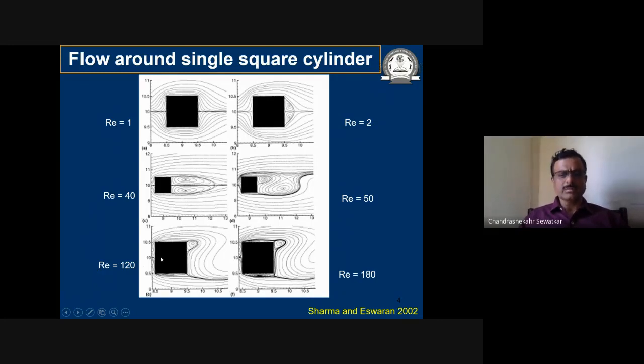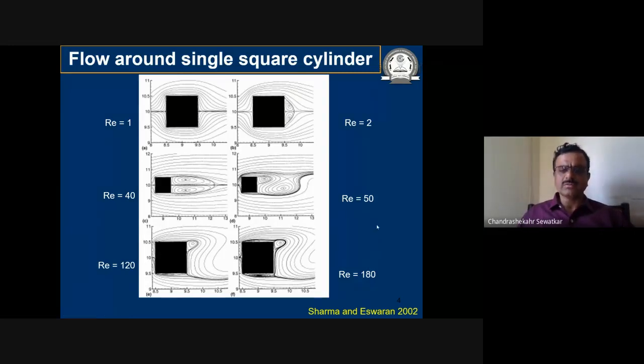So at a Reynolds number of 120 or 180, vortex shedding is always observed. As the Reynolds number goes on increasing beyond 50, the vortices are developed alternately at the top rear end and bottom rear end of the body. These vortices grow in size, and at a certain point of time, they detach from the body and go into the main flow.